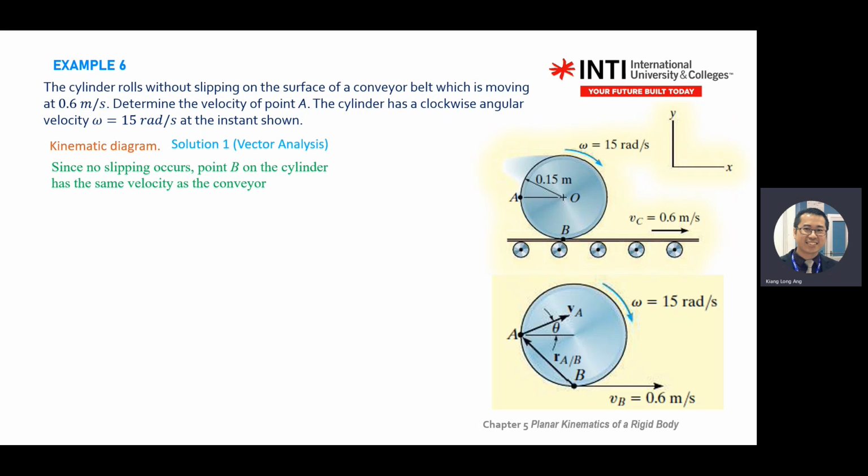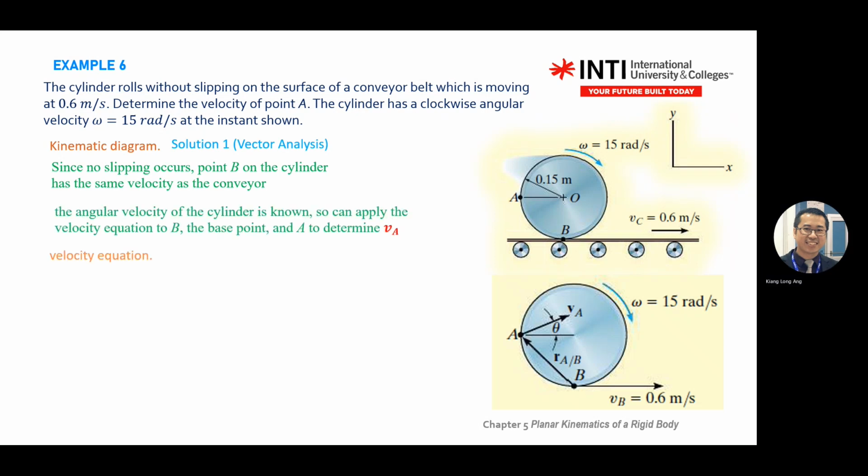You have VB, you have R, you have VA, you have omega. So the velocity equation: VA equals VB plus VA/B. So what is VA?